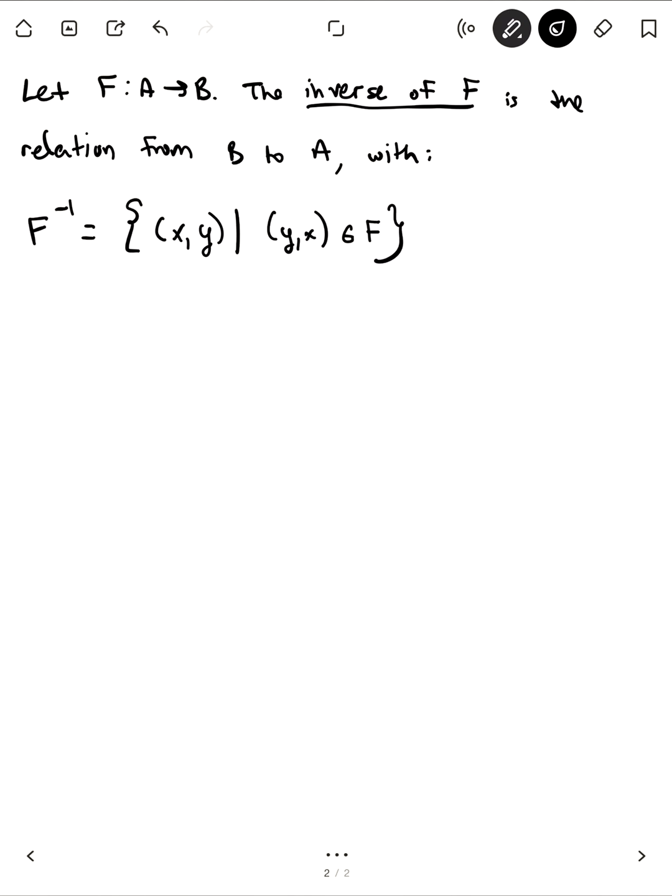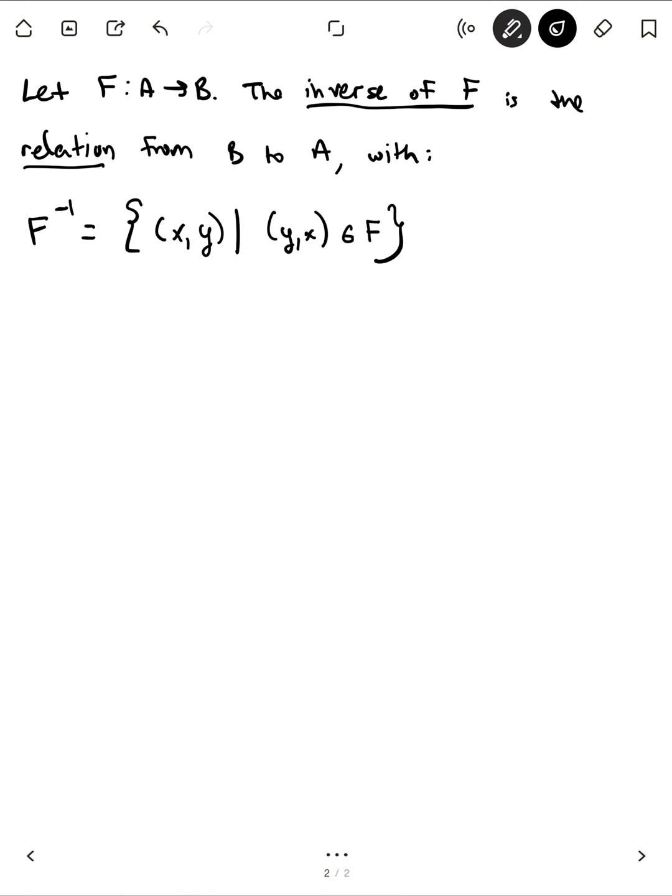And notice we define the inverse as a relation and not a function, because in many cases the inverse of a function is not a function itself. Later on, I think in section 4.4, maybe even 4.3, we'll learn the conditions under which the inverse of a function is indeed a function.